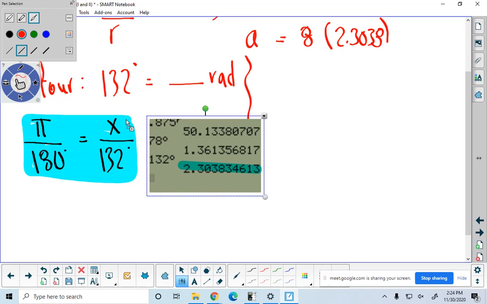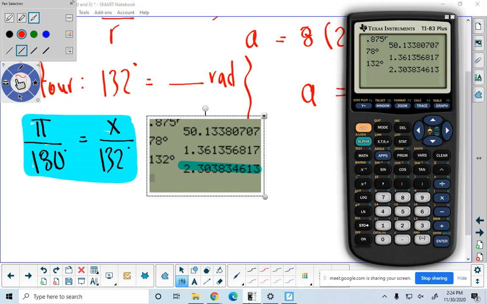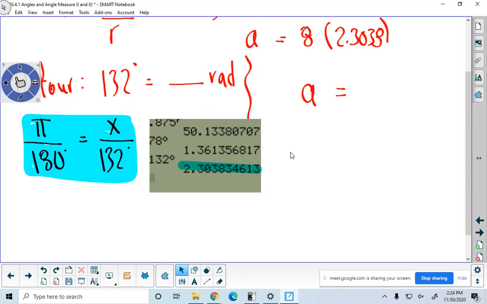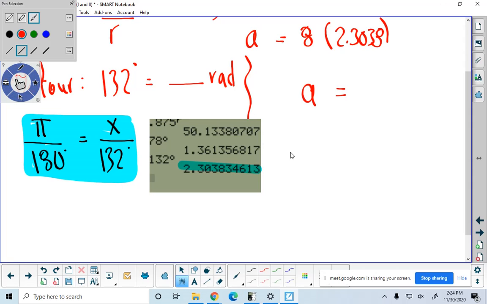And since that 8 is in centimeters, our arc length will be in centimeters. So now we just have to multiply that by 8. And we had 18.4. Any questions with example 2?